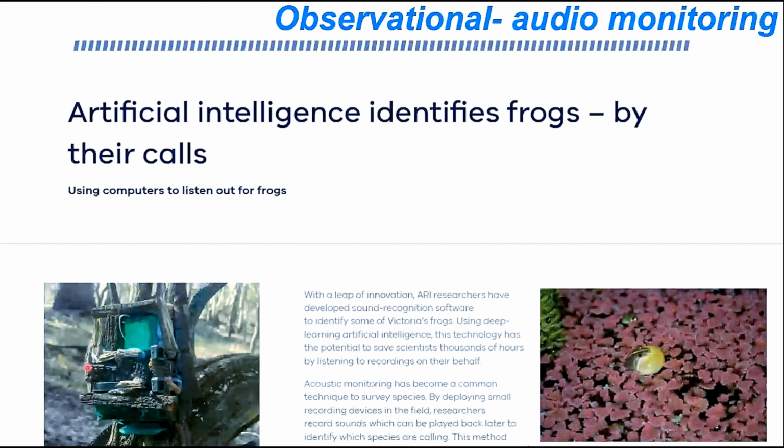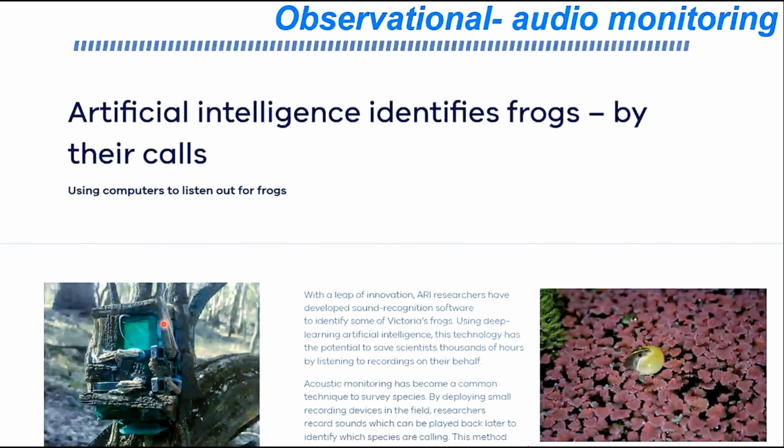We leave them on for a particular number of days, say during the breeding season, and we record the calls made by these organisms. When we finish the work, we take the instrument, take the chip out of it, put it into the computer, and analyze the different kinds of sounds produced by the different species.